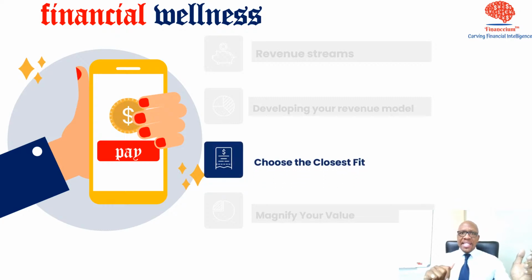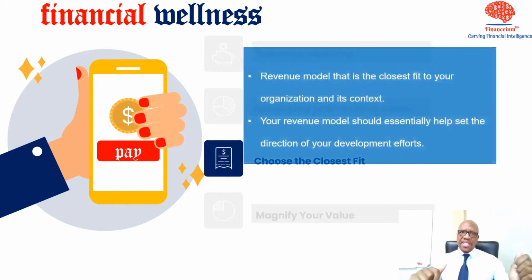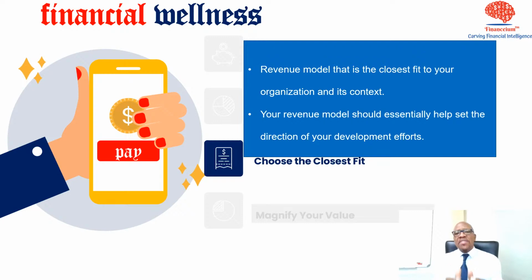And thirdly, it's choosing the closest fit. You need to have a revenue model that is really as close as possible to your organization and its context and the industry and how it operates. For an example, you could have 2 entities that are both coaching, but it does not mean that the revenue model of the 2 entities are the same.